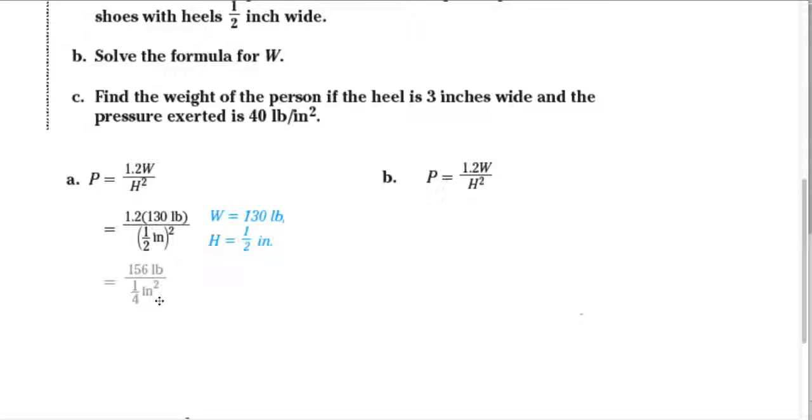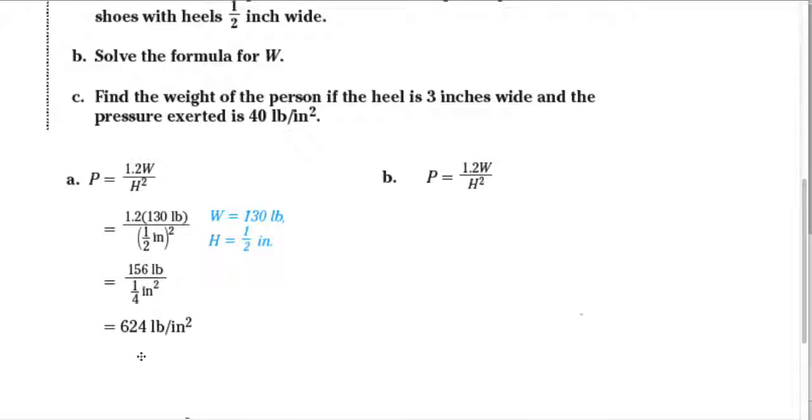So you end up with 156 pounds over 1/4 square inch. 156 over 1/4 is the same as 156 times 4, which will give you 624 pounds per square inch.